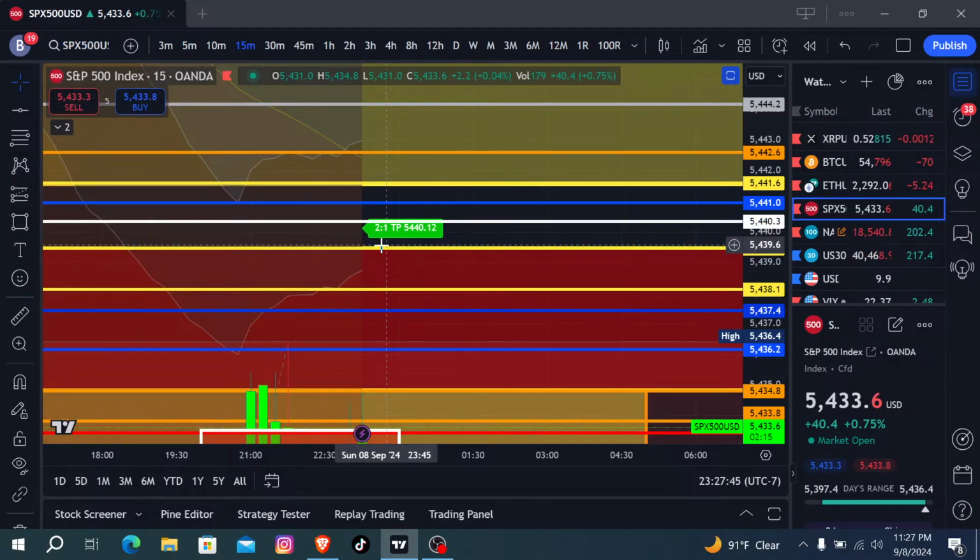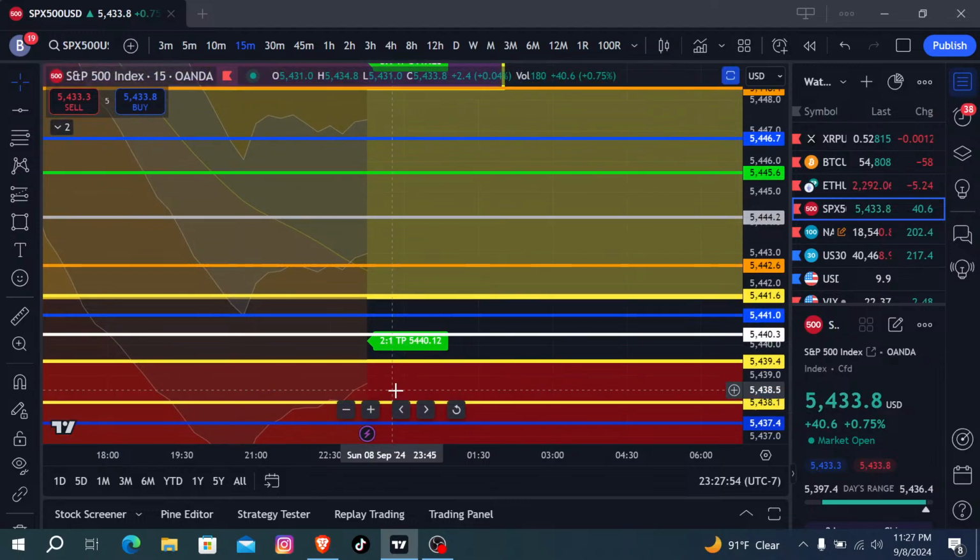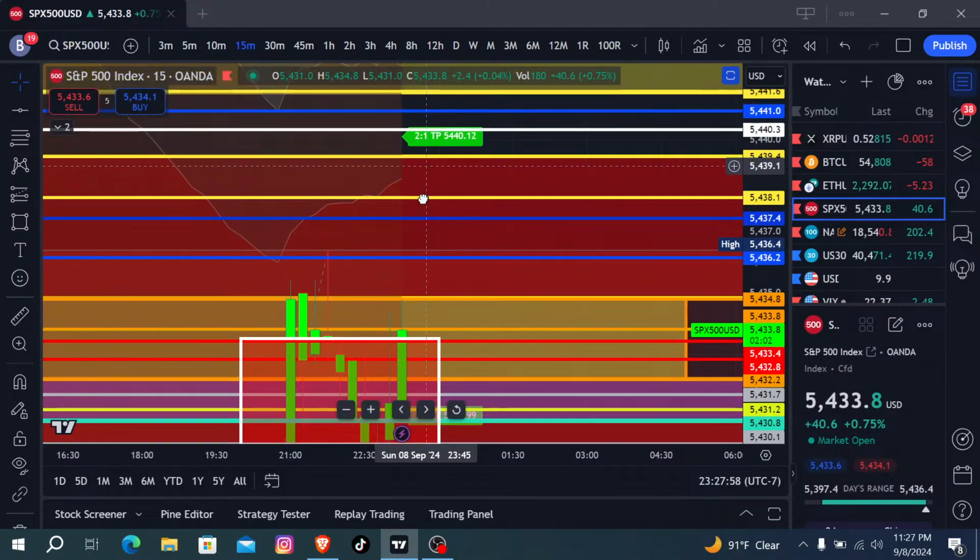That depends on where we break out. But if we're here by 12:15, we're most likely gonna go in here and close at 1, and that's if we still maintain it, because it's still early.